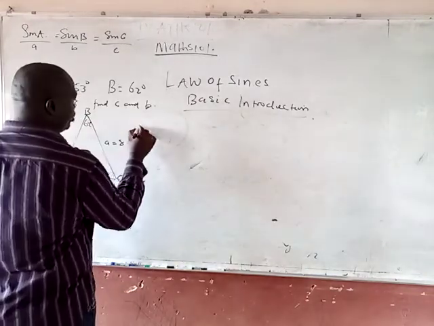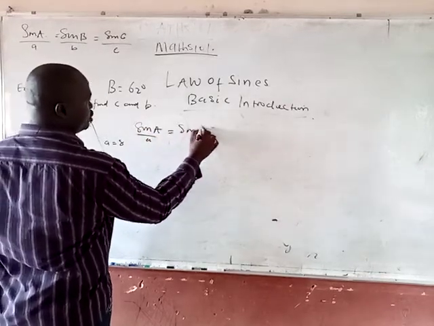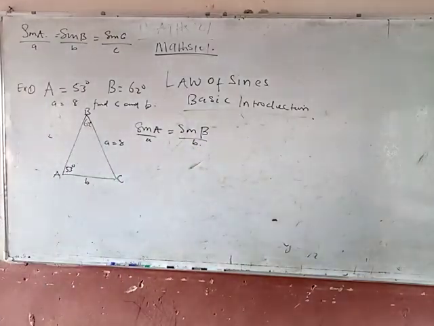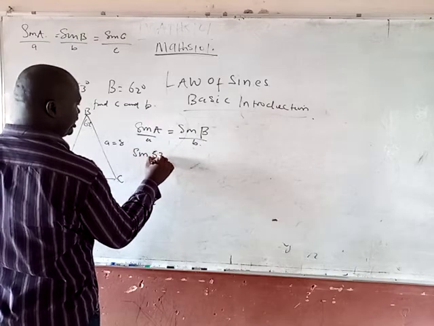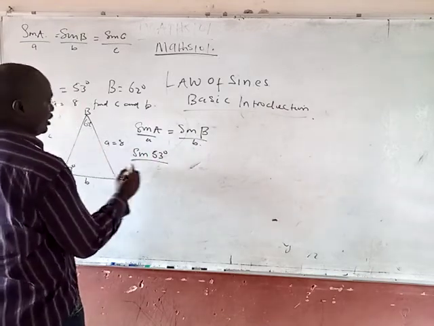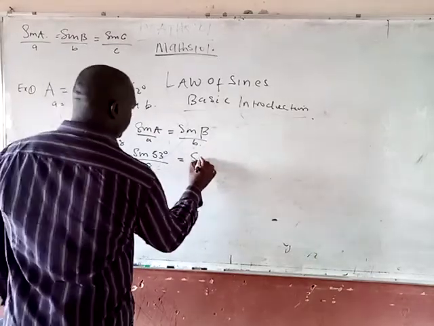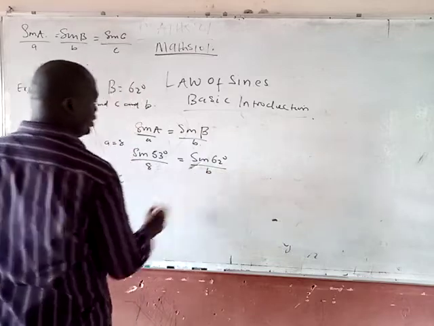So it will now be sine A all over a is equal to sine B all over what? b. Now sine of A is going to be sine 53 degrees all over the side of a, what? 8, is equal to sine of 62 degrees all over what? Side b.